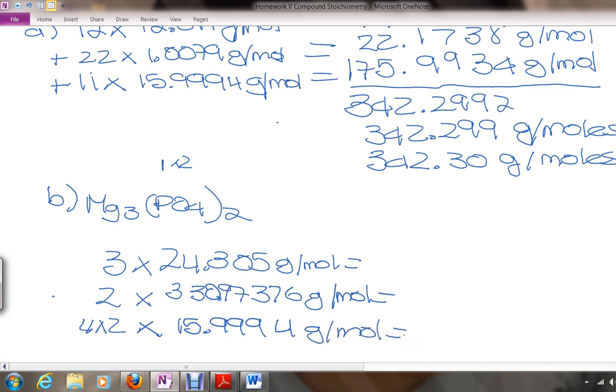So let me make the calculation real quick. If I made a mistake, you do it yourself too. 72.915 grams per mole.